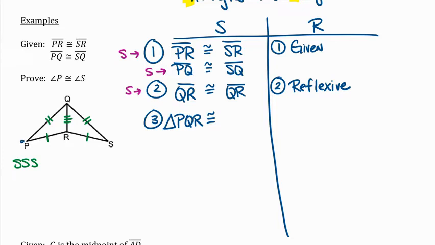So if I started over here at P and then went along the side up to Q, then I want to start over here at S and go along this side up to Q. I noticed those sides both have 2 marks. Then I went down the side with 3 marks, so I'm going to go down the side with 3 marks. So triangle PQR has to be congruent to triangle SQR, right? So that's kind of the new part here.